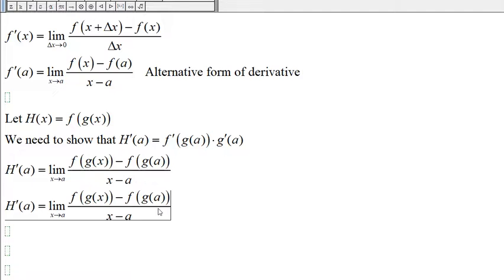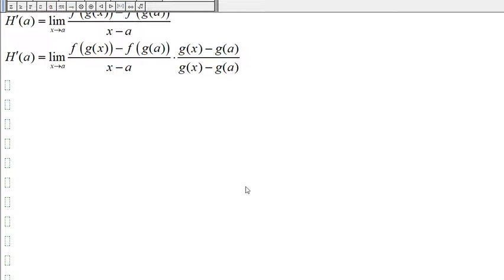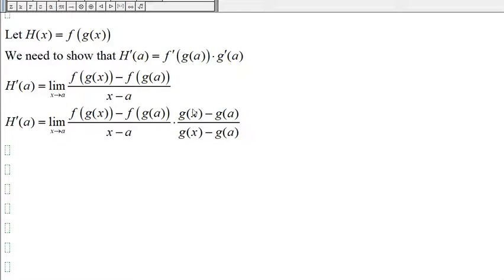And then next, we will multiply the top and the bottom by g of x minus g of a. So we multiply the top and the bottom by the same thing, and so this is just 1.